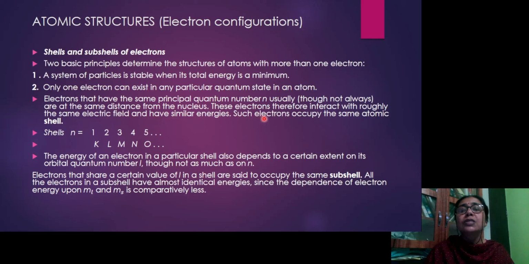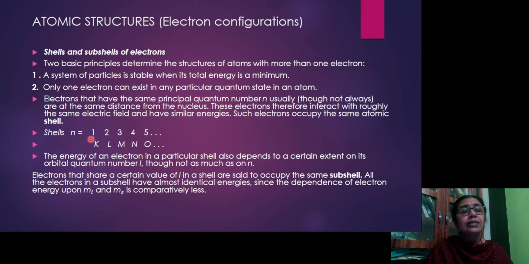Such electrons are said to be in the same atomic shell of principal quantum number n. So we can say that the principal quantum number n decides the shell of the electron in an atom.